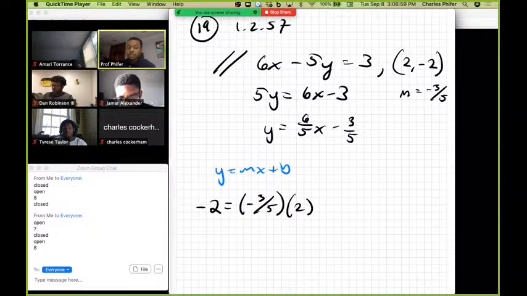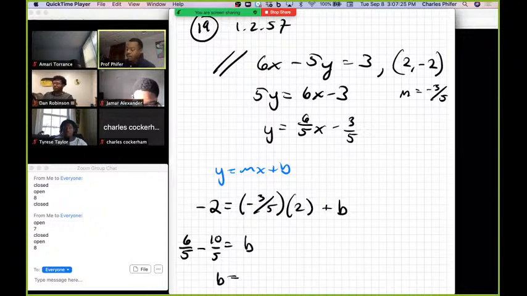On the left we have 6 over 5 and 10 over 5, equals b. So b is going to be equal to -4 over 5. So the equation of our line should be y equals -3/5 x minus 4/5.